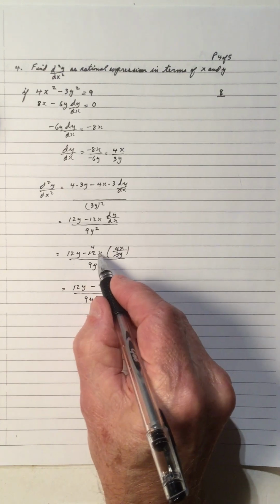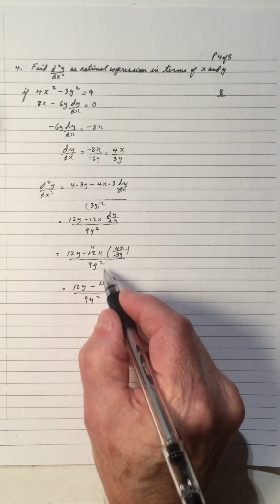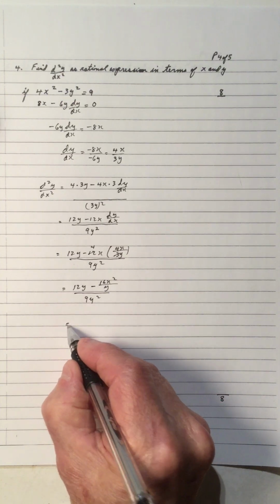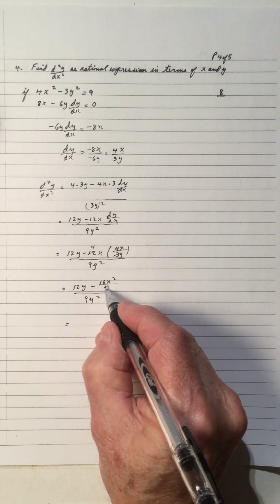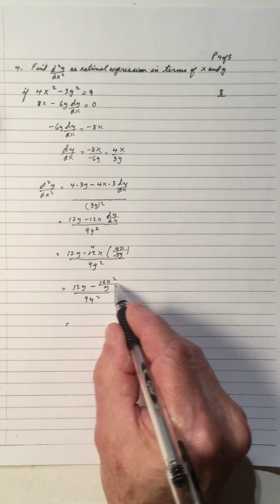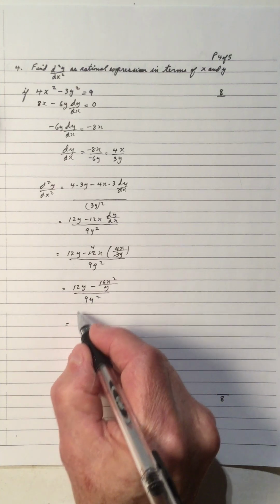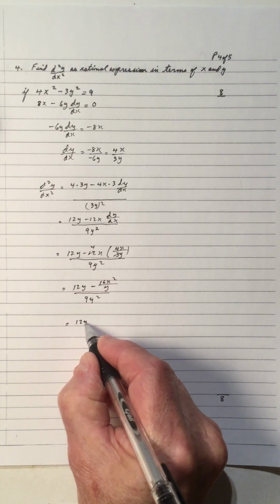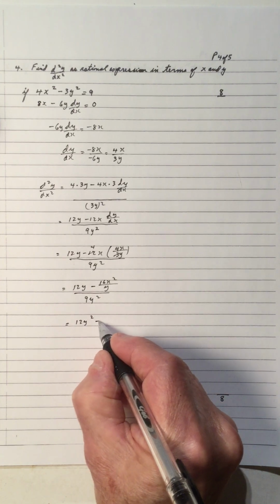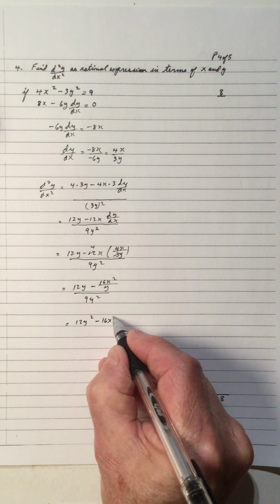So I multiply these two first. So the numerator is simplified, the denominator is simplified, but we have a complex fraction. So I need to get rid of this y here. So I'm going to multiply the top and the bottom by y. So 12y times y is 12y squared. Multiply by y here, and I get a negative 16x squared.